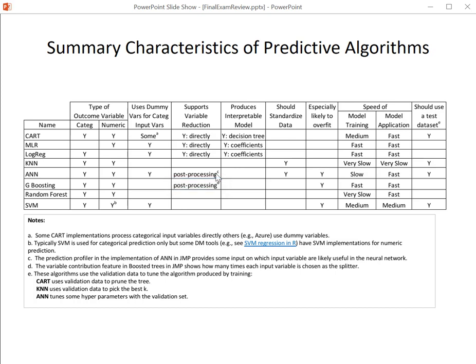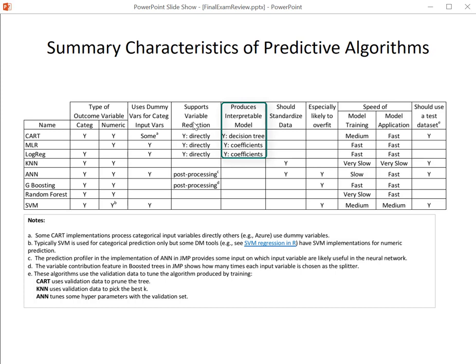And so there is some post-processing built into some implementations of the algorithms that will tell you which of the input variables help the most. Random forests, support vector machines, and KNN don't really do that. You have to delete variables and see how deleting variables relates to your outputs, and you don't get as much direct signaling as some of these other algorithms in terms of what's important.